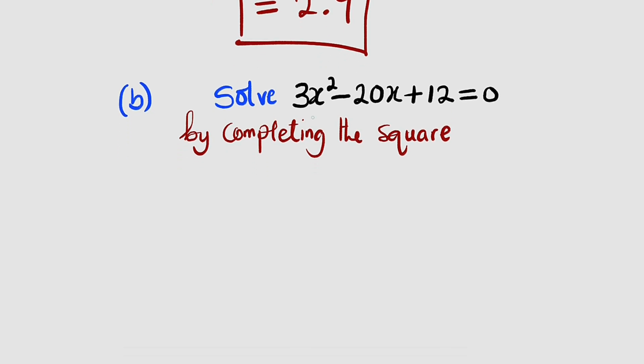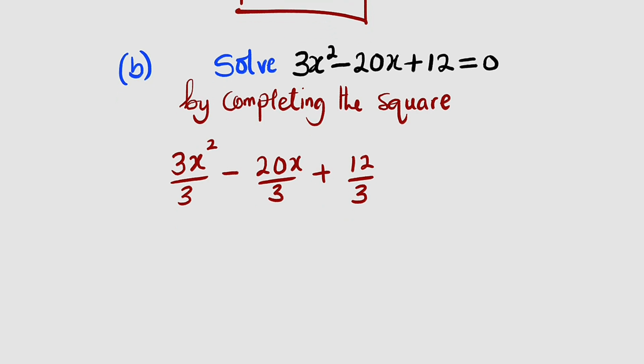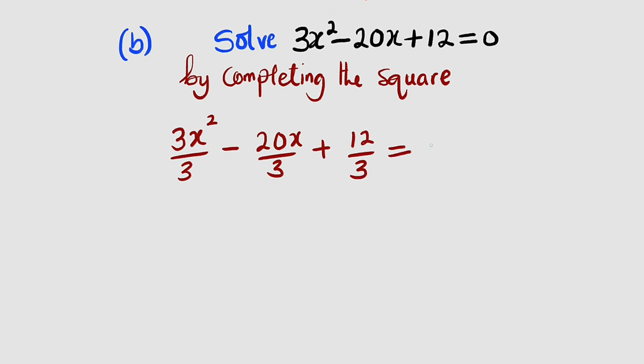First of all, we are going to divide each and every single term by the leading coefficient, which is 3. So we have 3x squared divided by 3 minus 20x divided by 3 plus 12 also divided by 3. This is equal to 0 divided by 3, which is the same thing as 0.